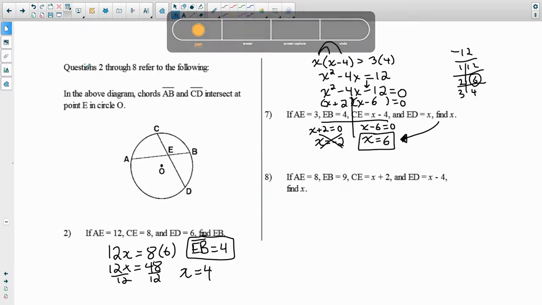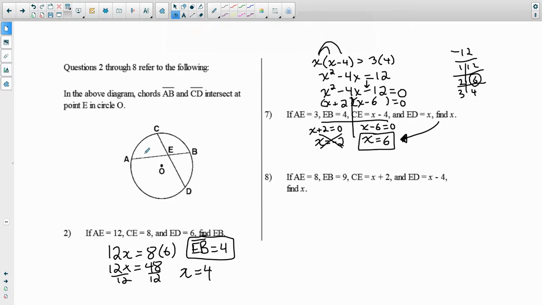So number 8, we have AE, which is 8, EB, which is 9, CE, which is x plus 2, and then ED, which is x minus 4.